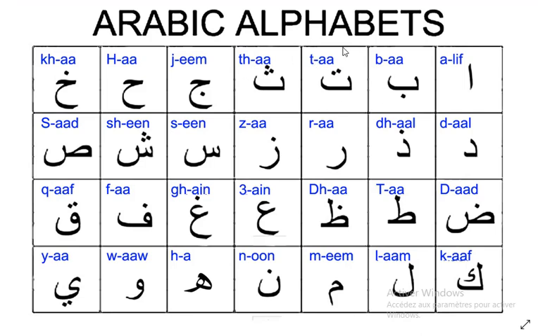The second letter in this group is ta. The sound is ta, just like the letter T. We have here 2 dots. So to differentiate between ba, like I said, the dot below, and we have 2 dots, and 2 starts with T, and this is ta.